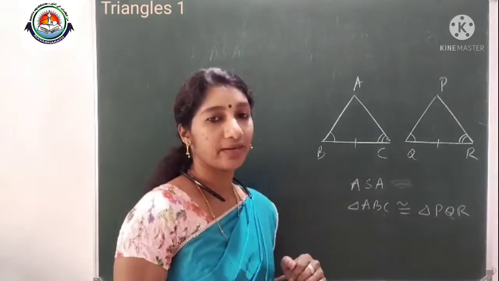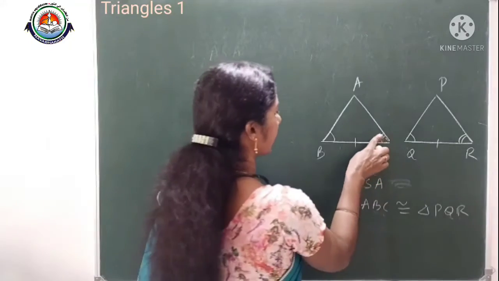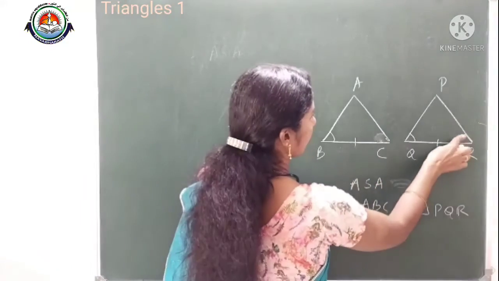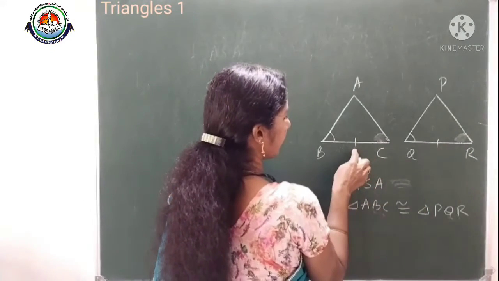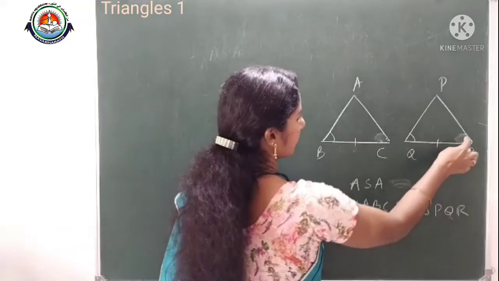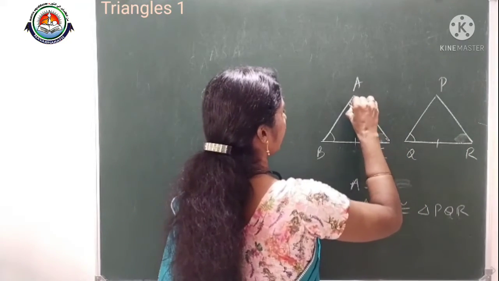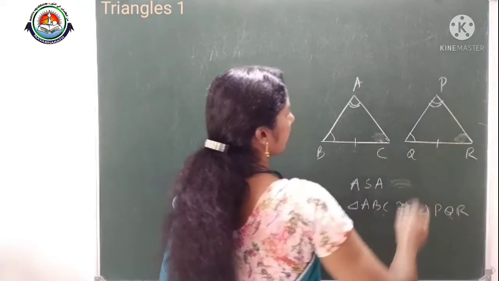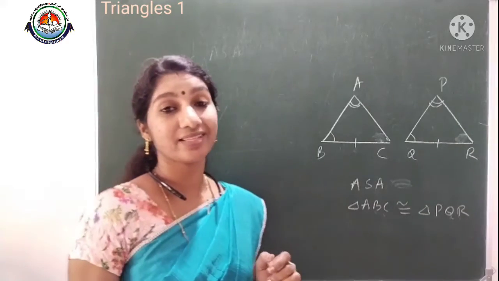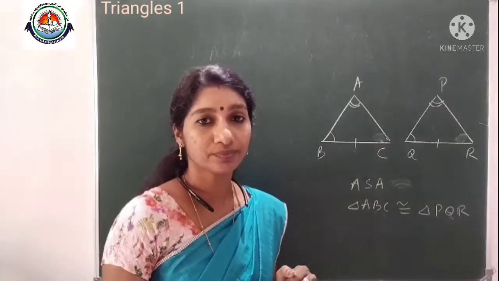Now, suppose that instead of the angle at the included side, it is given angle A equal to angle P. Is it possible to say these two triangles are congruent now?